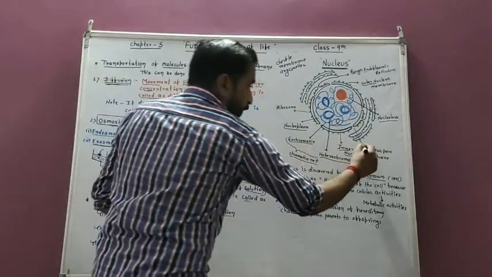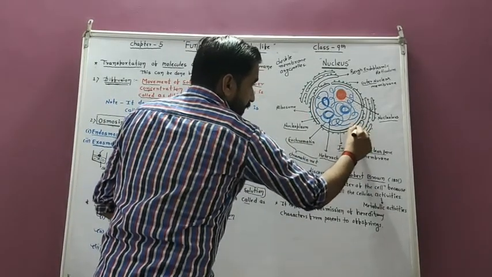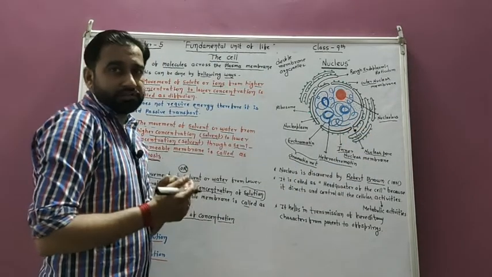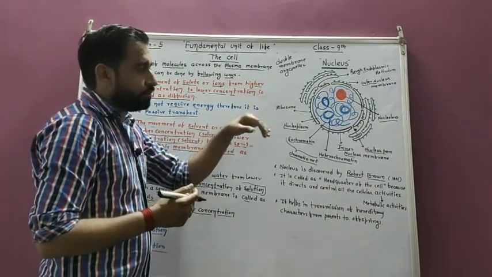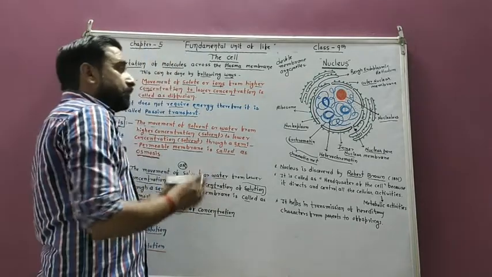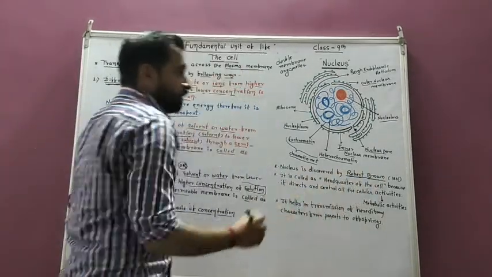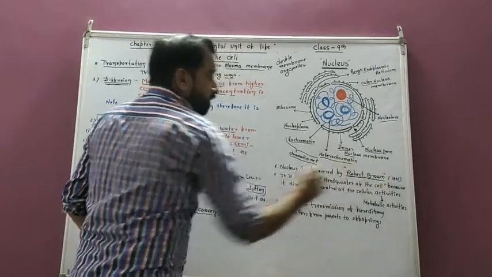The nuclear pores are present. Through these nuclear pores, the RNAs and ribosomes come out from the nucleus. The nucleus was discovered by Robert Brown.